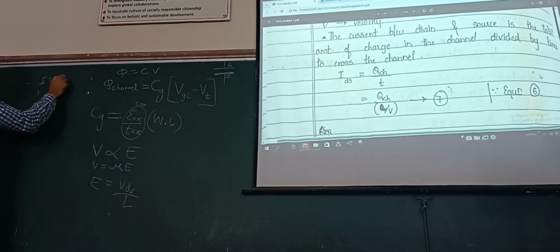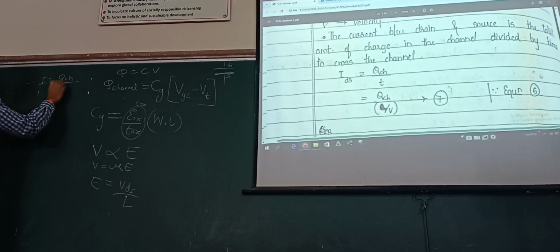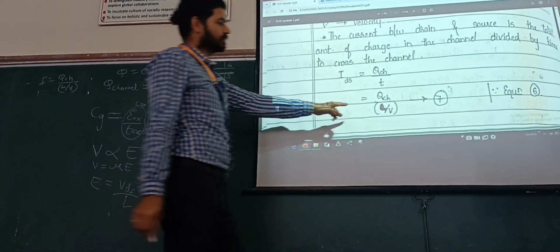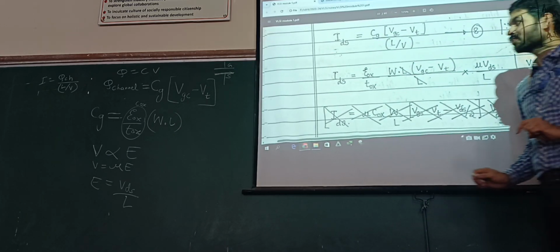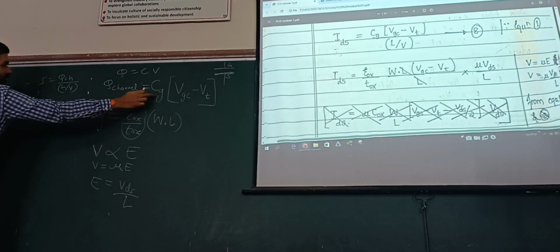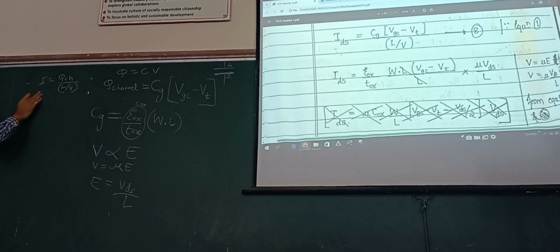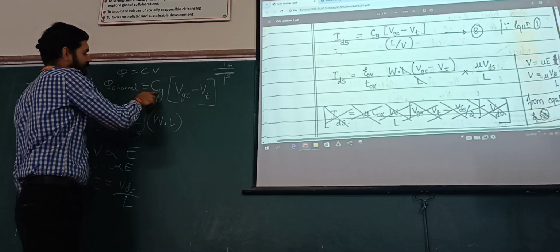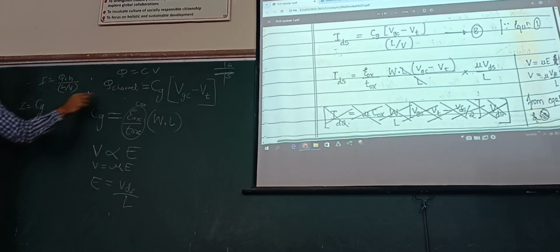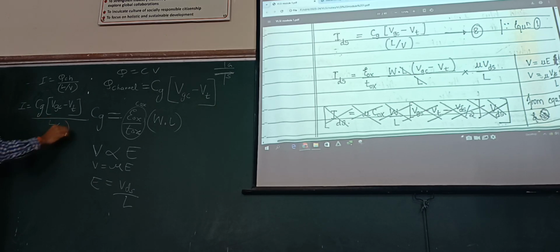I is equal to QCH divided by L by V. Next, substitute the other equations. What is QCH? Substitute it: I is equal to CG into (VGS minus Vt), divided by L by V. Fine.